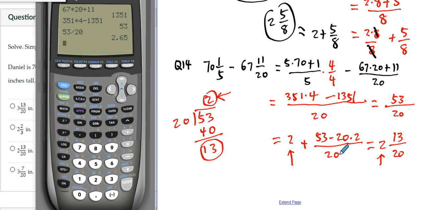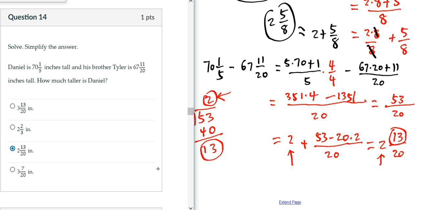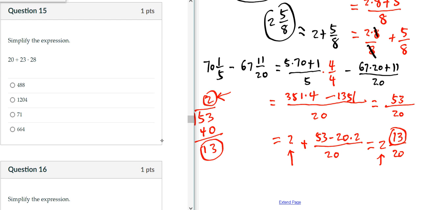Then you know this 53 subtract denominator times this integer is going to be your numerator. Okay. So what's the answer right here? 2 and 13 over 20 inches. Click on that.